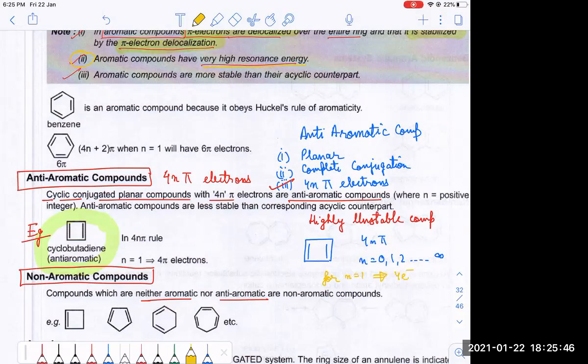So anti-aromatic compounds are also cyclic. Yes, they are also cyclic. I have not seen an anti-aromatic compound which is not cyclic.